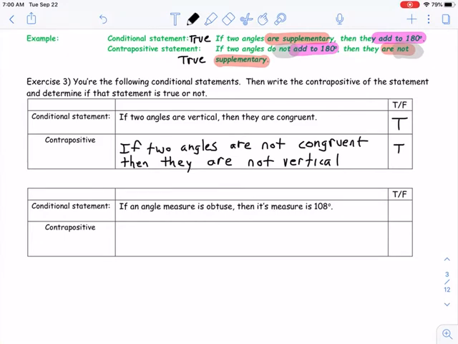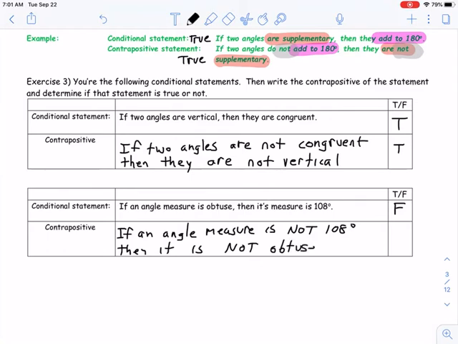And then, if an angle measure is obtuse, then its measure is 108 degrees. We said that was false already. Now, if an angle measure is not 108 degrees, then it is not obtuse.